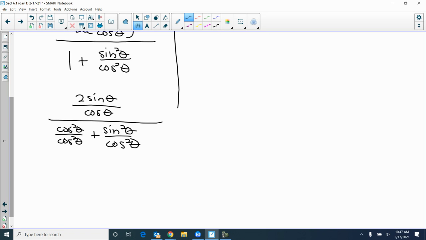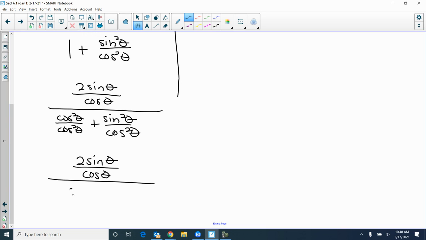Since they have a common denominator, I can write them as 1, which we'll do in here in a second. The top, I can't do anything else with that. So I'm just going to make that 2 sine of theta over cosine of theta, all over cosine squared theta plus sine squared theta over cosine squared theta.